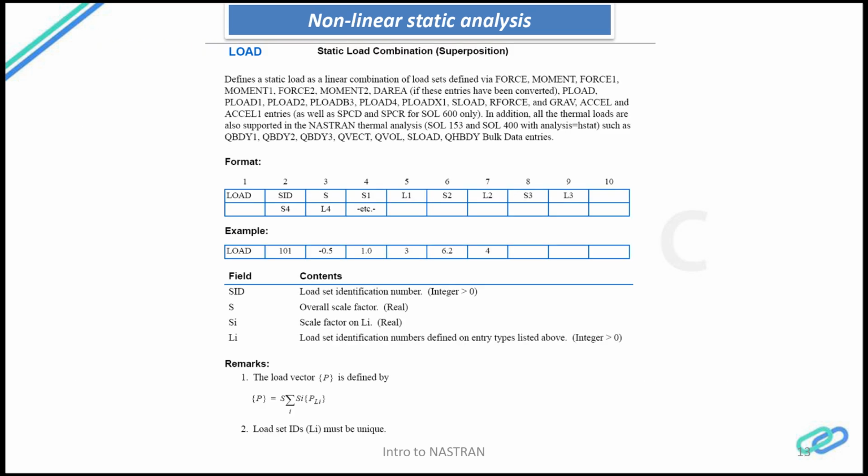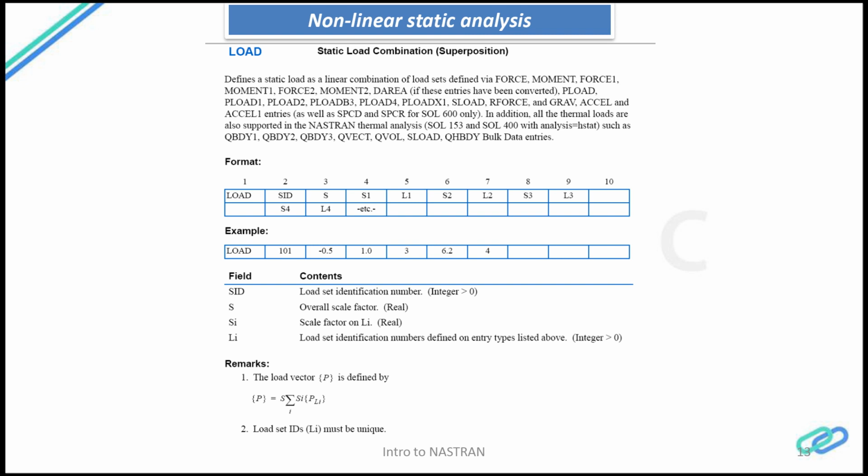So this is a typical command line or card for the static load. This LOAD card entry is used for the combination of static loads specified in the static load case.